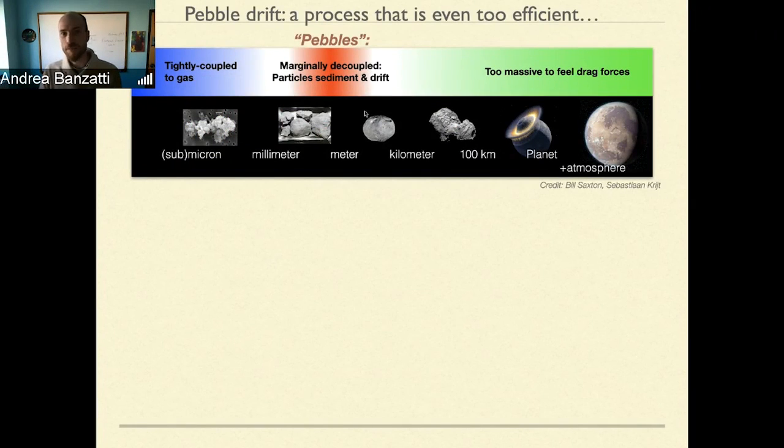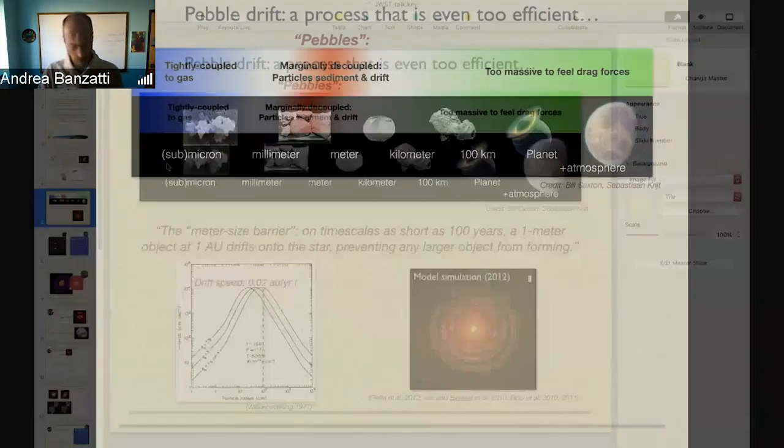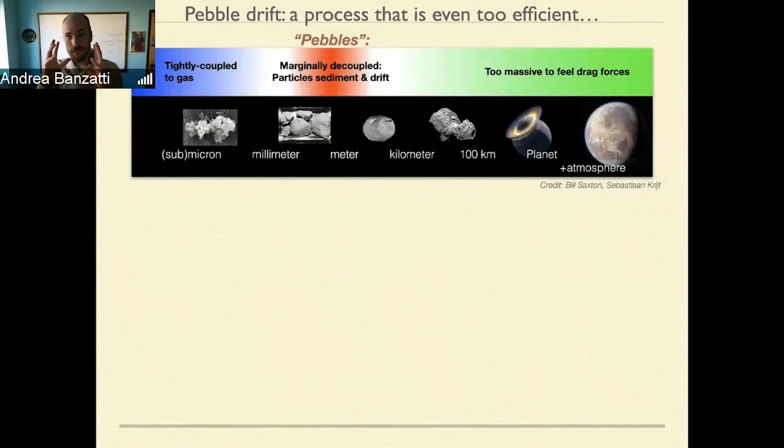So those ALMA images are mostly sensitive to emission from the drifters, from pebbles, as defined here, the millimeter, centimeter size. Now there is a range of solid sizes that contributes to the emission, and there are studies that try to define that from disk to disk, but we are most sensitive to this range of solids.